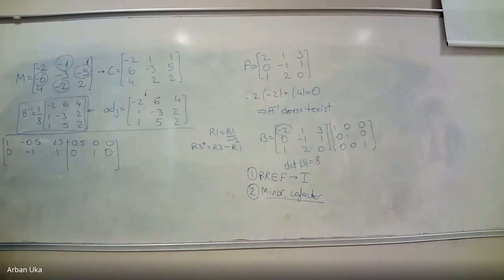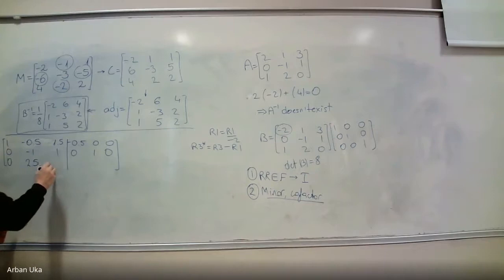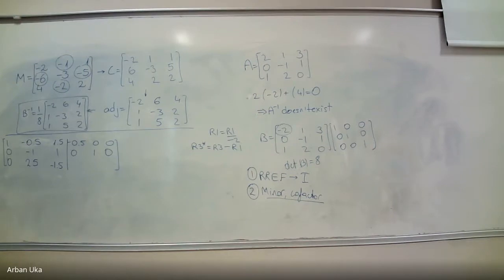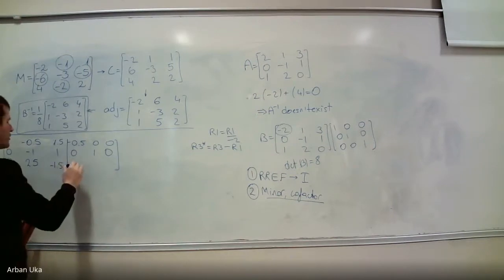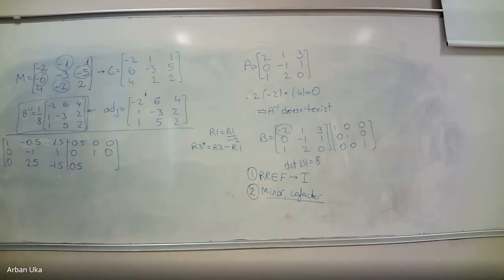We have 1 minus 1, this is 0. 2 minus 0.5 is 1.5. 0 minus 1.5 is minus 1.5. Then we have 0 minus 0.5, this is minus 0.5. Then 0 minus 0, that's 0. Then 1 minus 0, this is 1. Okay, we got this.